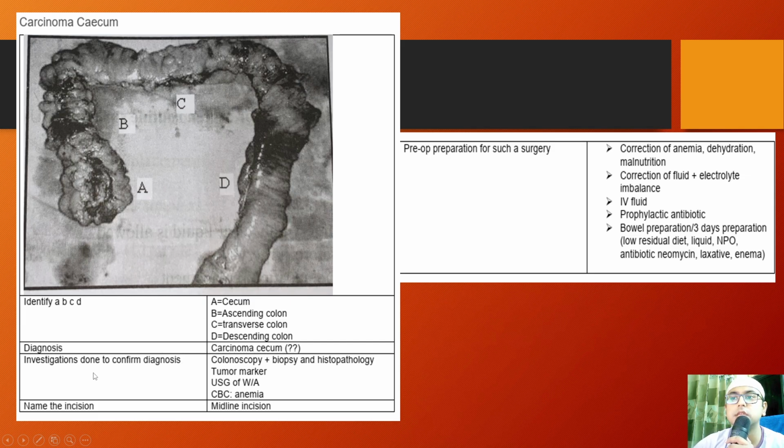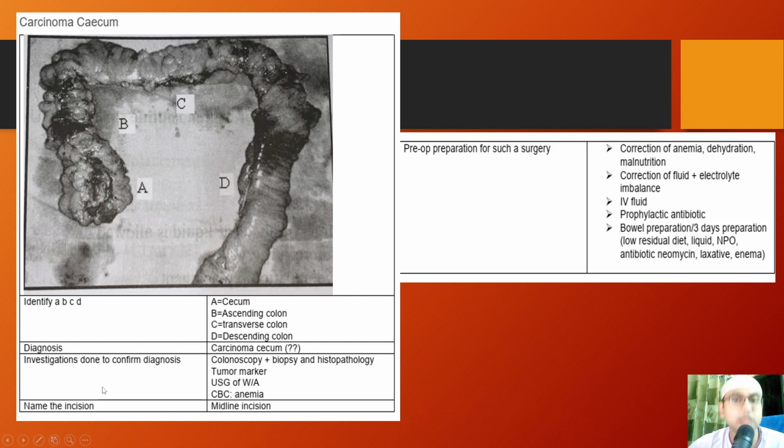Diagnosis: carcinoma cecum, and investigations should be colonoscopy, biopsy and histopathology, tumor marker, USG of the whole abdomen, CBC for anemia. Yes, you have to know that a right-sided colonic tumor presents early with anemia, that is iron deficiency anemia, and left-sided colon malignancy is detected first with weight loss, constipation and abdominal distension.